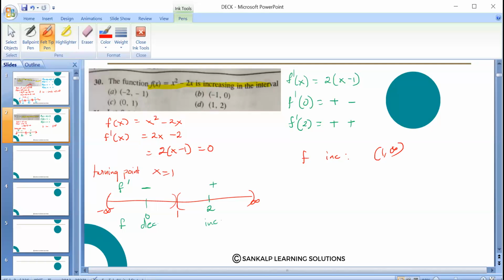But 1 to infinity, you can see it is in option D. So you will go for option D. Next, we will go to question number 31.